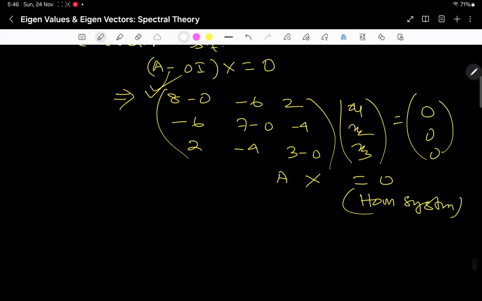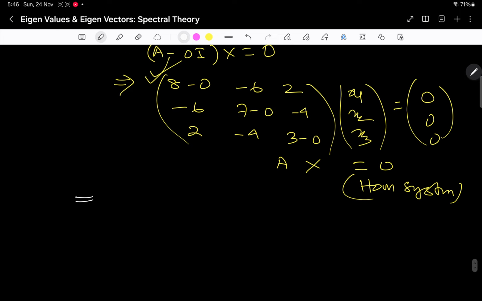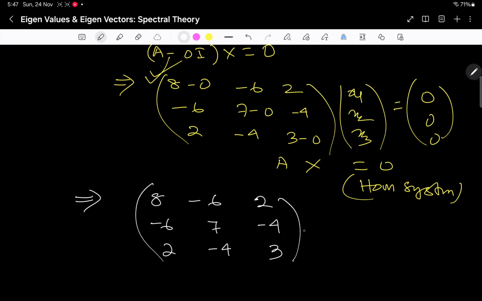Right? And we will solve it. So this implies my matrix with rows 8, -6, 2; -6, 7, -4; 2, -4, 3, times x1, x2, x3 is equal to 0, 0, 0.